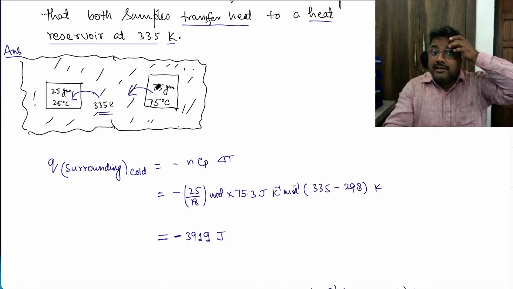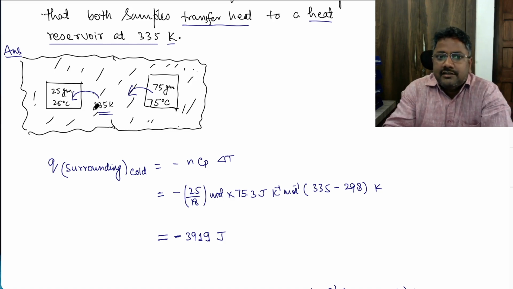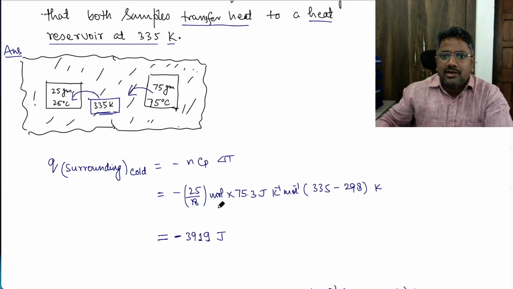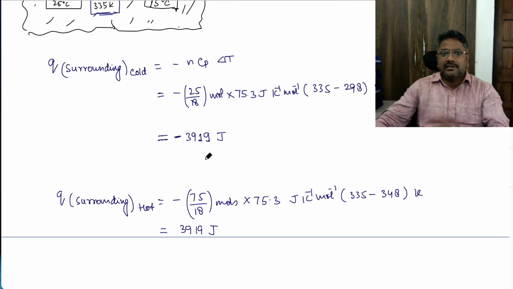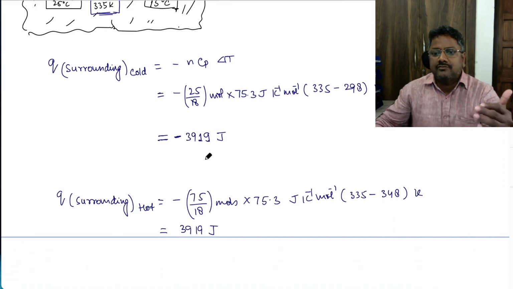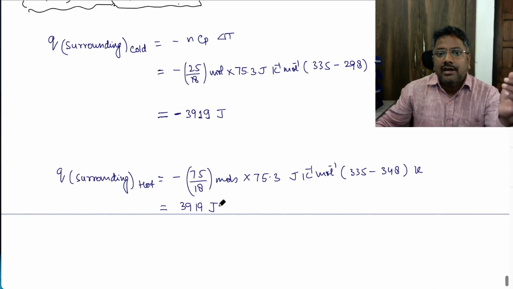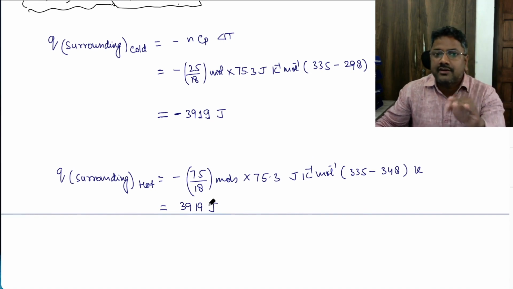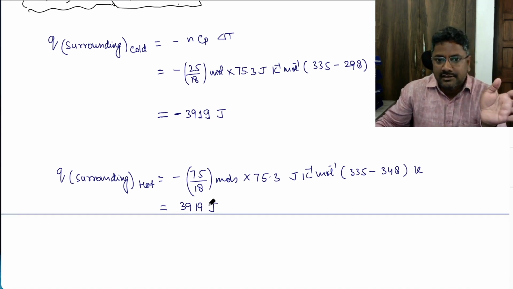But you know, due to the transfer of this heat or due to the absorption of this heat, you cannot change the temperature of this. But now you have calculated that this amount of heat is transferred from surrounding to the system of cold, and this amount of heat energy is transferred from the system of hot to the reservoir.